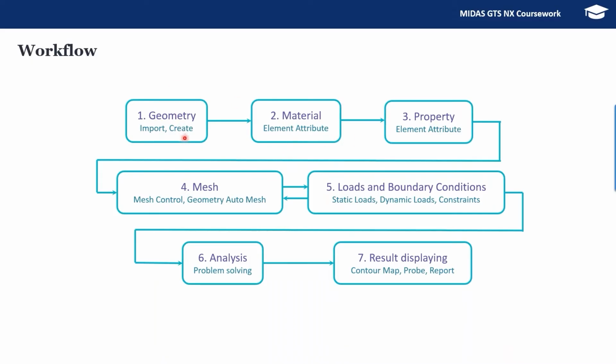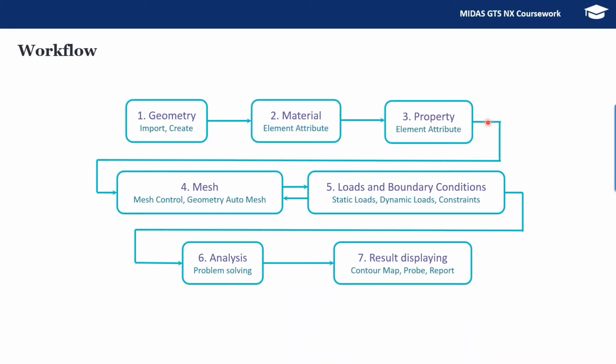In the geometry, you can either create or import the geometry. In the material, for this current ground improvement modeling technique, we are going to consider modified Cam clay for the clay 1 and clay 2 layers. Since we are going to model a 2D condition, plane strain condition is being considered.